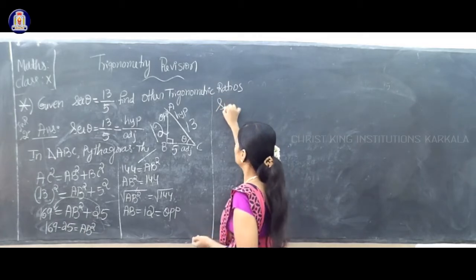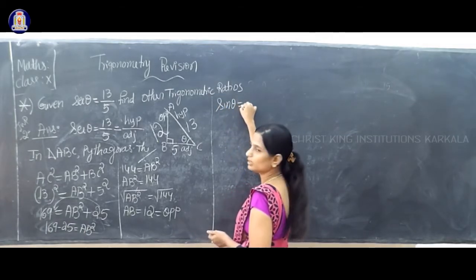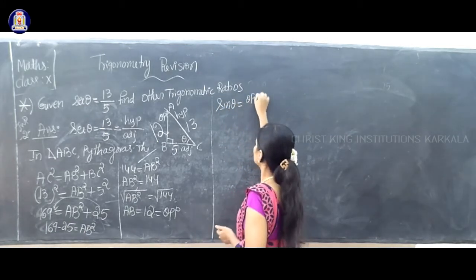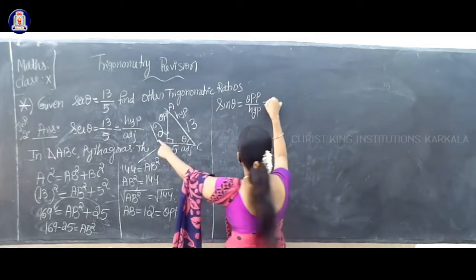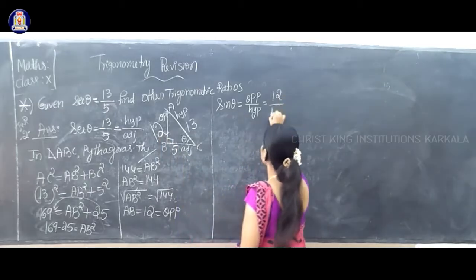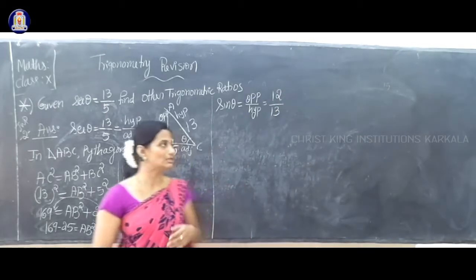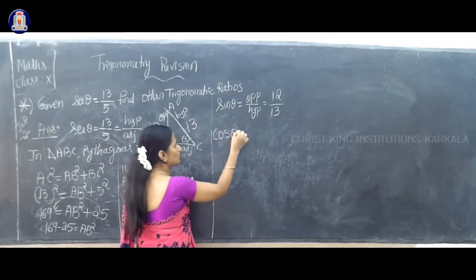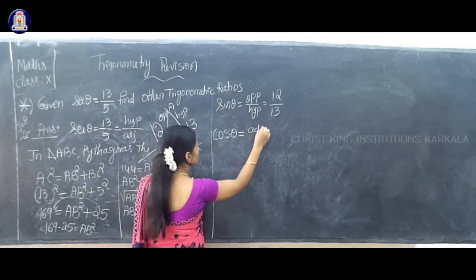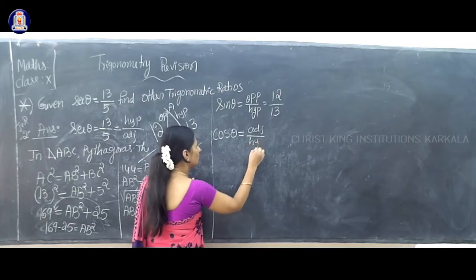First, sin theta. Definition is opposite side divided by hypotenuse side. The opposite side is 12, hypotenuse side is 13, so sin theta is 12 divided by 13. Next, cos theta is adjacent side divided by hypotenuse side.